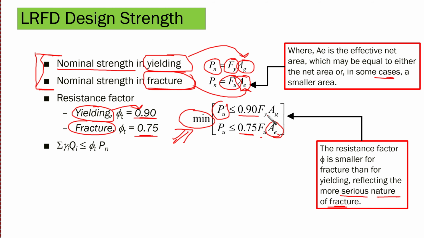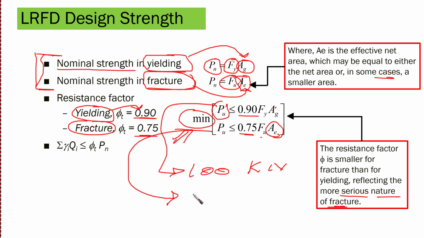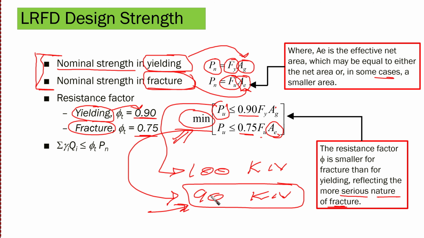What is the minimum? If the gross area is going to yield at, let's assume, 100 kilonewton, and our fracture is going to take place at, let's assume, 90 kilonewton, then our design strength is going to be 90.